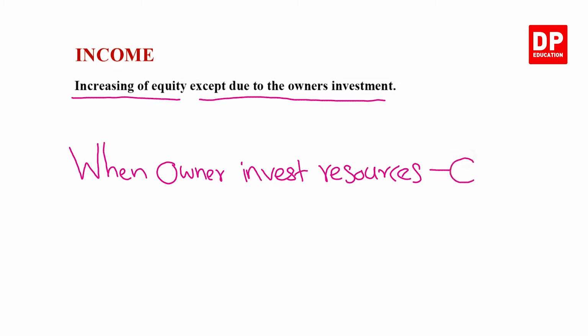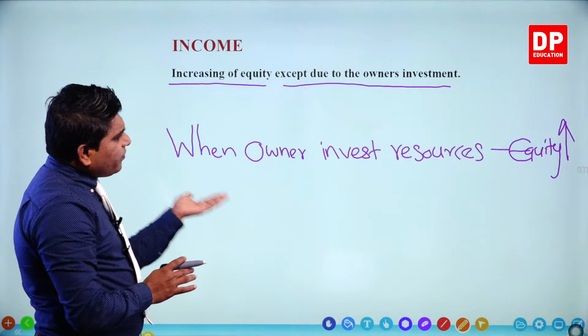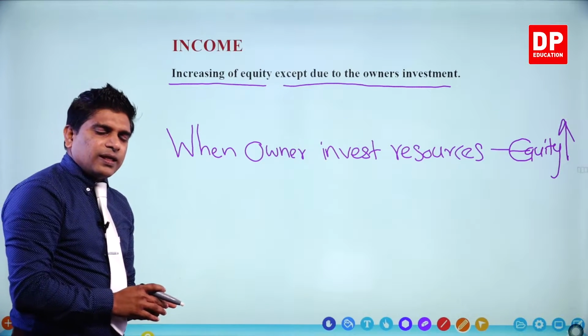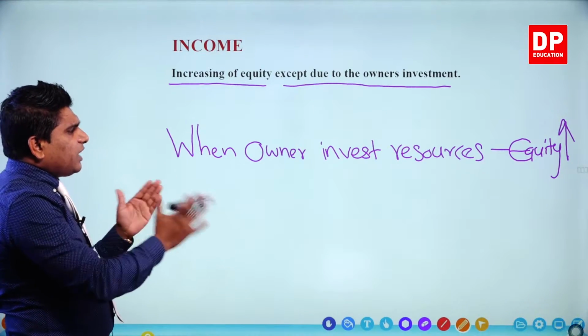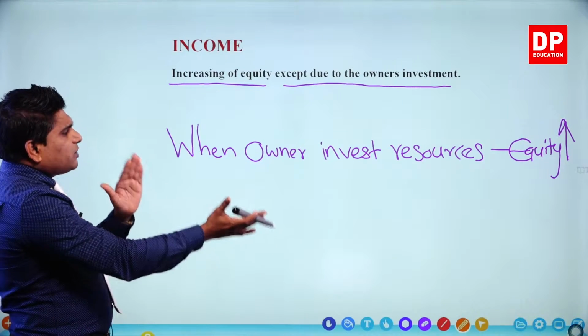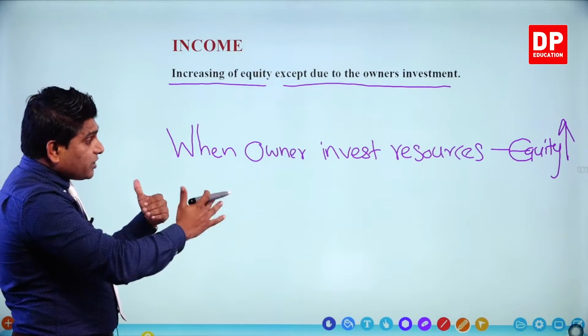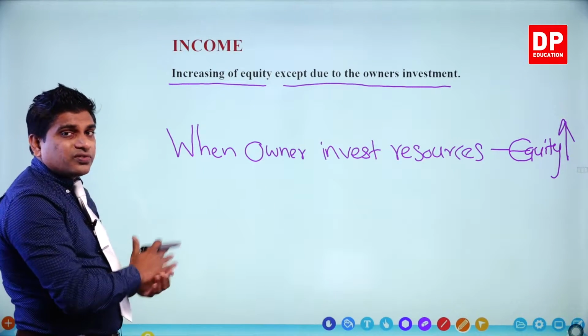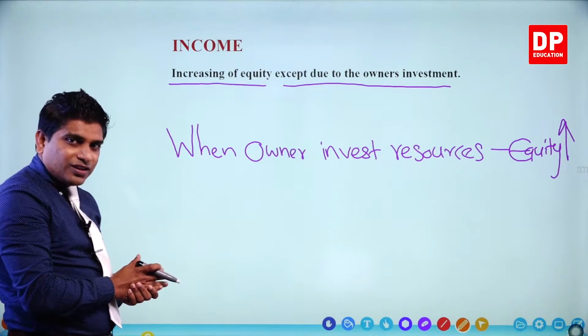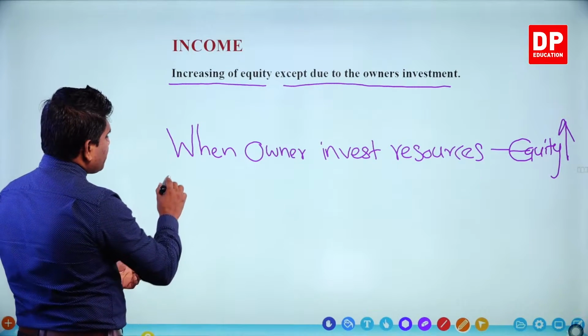Equity goes up. Equity increases, right? But the opposite is this. When the owner withdraws resources from the business, not invests but withdraws, we say drawings, right?